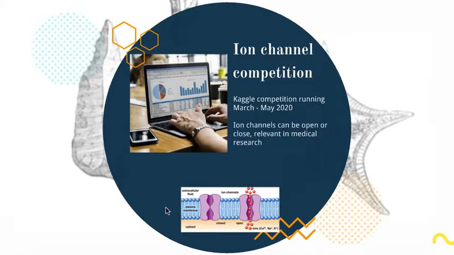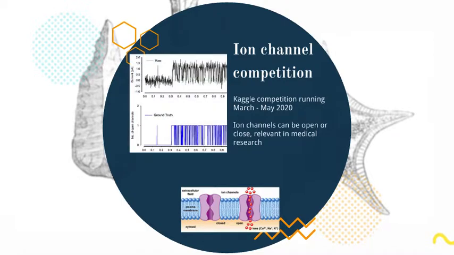Scientists have been looking into these ion channels for a long time. And how do you know if a channel is open or closed? They use an electric signal that's measured at the surface of the cell. I won't go into details, but basically you measure this current here, and a trained scientist can tell, based on the current, how many channels are open, or if it's open or closed in this case, between 0 and 1 open channels.